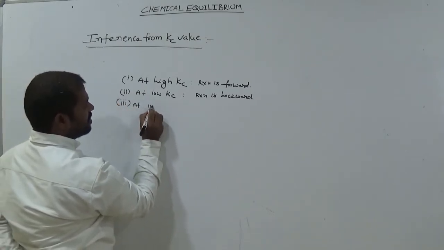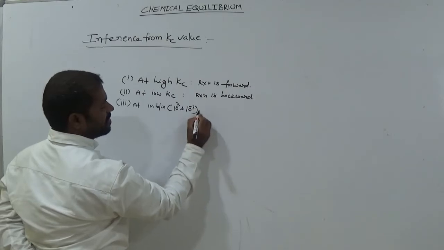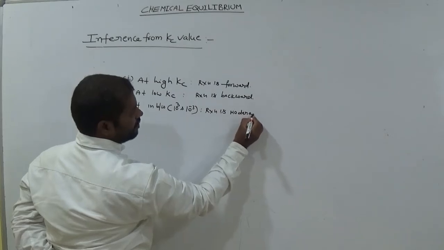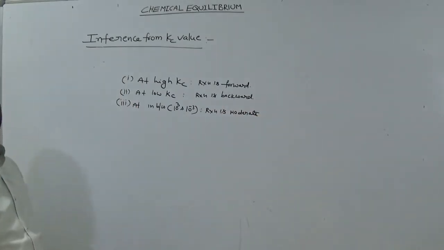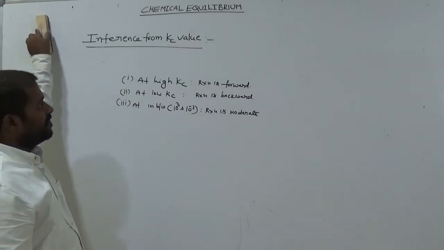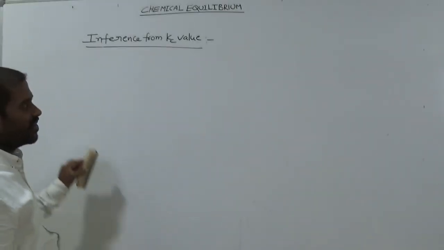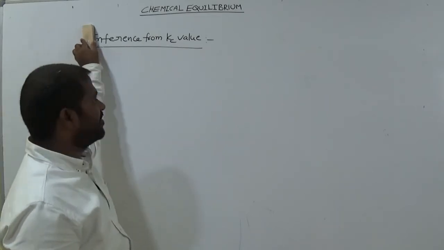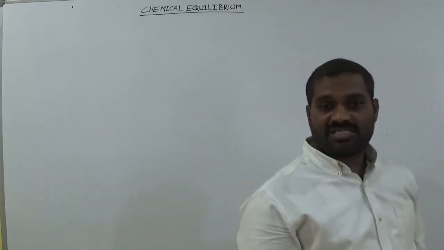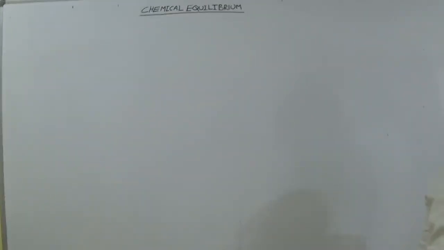In between 10 cube and 10 power minus 3, what happened? The reaction is moderate. Is it clear? So this is the concept of inference from Kc value. Okay, where Kc is the equilibrium constant for a reversible reaction, and it is also called the overall rate constant for a reversible reaction, that is for forward and backward. We already discussed this one.